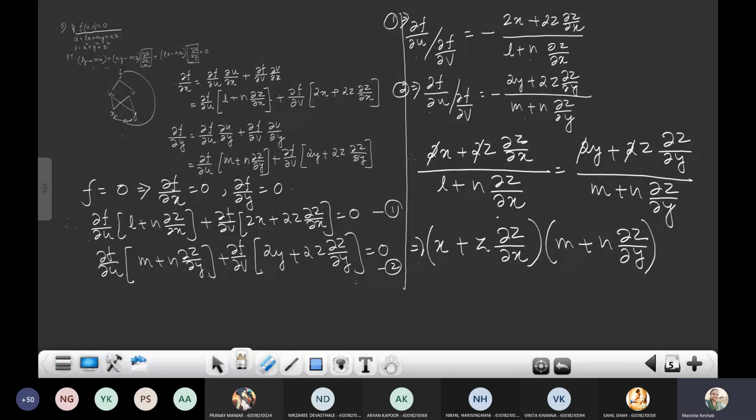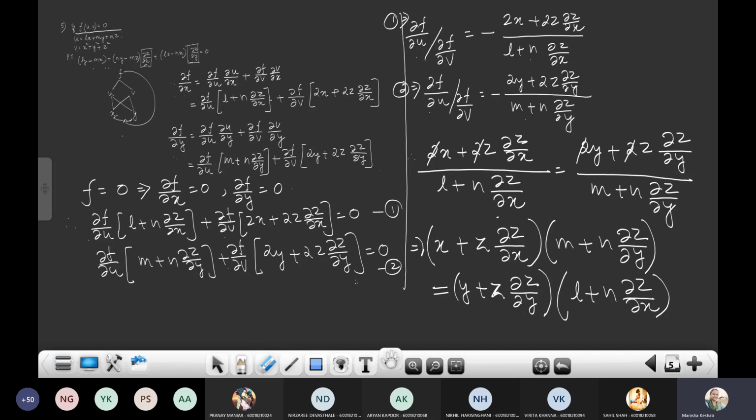Okay, and this side I will be getting minus or equal to y plus z into del z del y into L plus n del z del x. अभी दोनों साइड खोल दो.